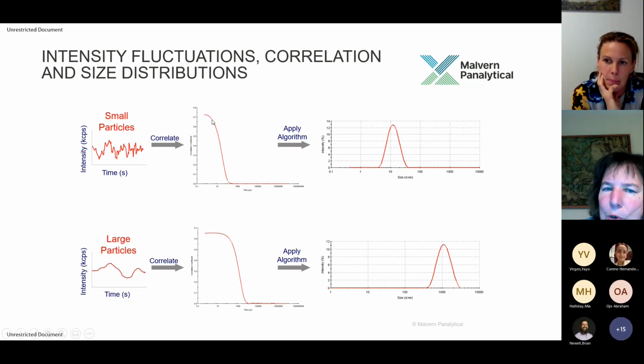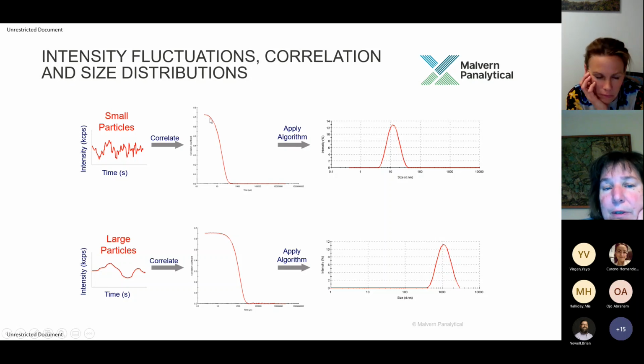And so we lose correlation. So where we start to lose correlation tells us how small or large the particles are. Notice how there's 100% correlation for a longer time period when we're studying large particles versus small particles. So we lose correlation faster with small particles.